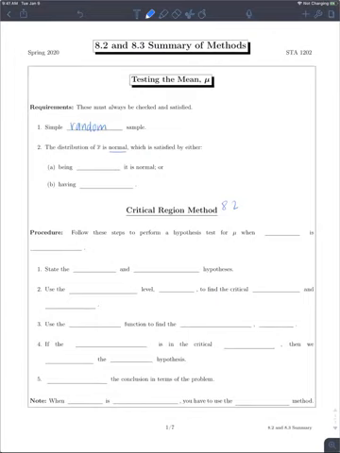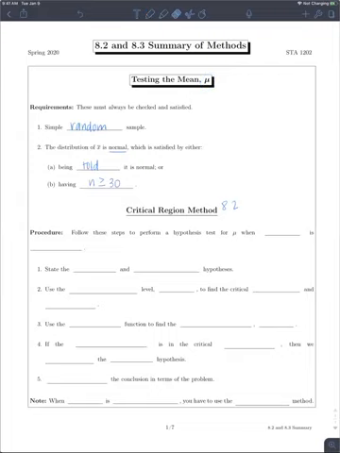You can get it by being told that X is normal, because if X is normal, then X bar is normal. Or what does N need to be bigger than or equal to? Yeah, 30. These are the two things you need to check for every single problem that involves testing mu, testing the mean.